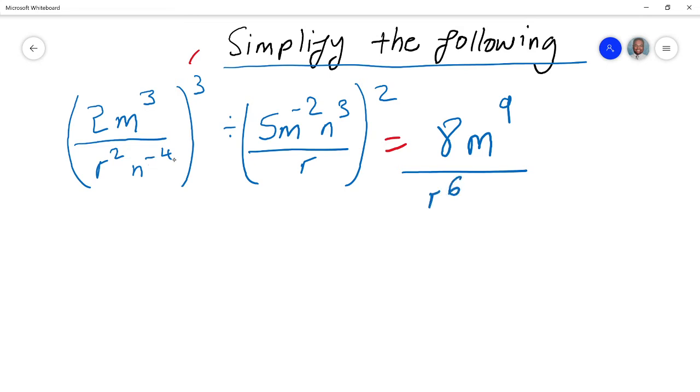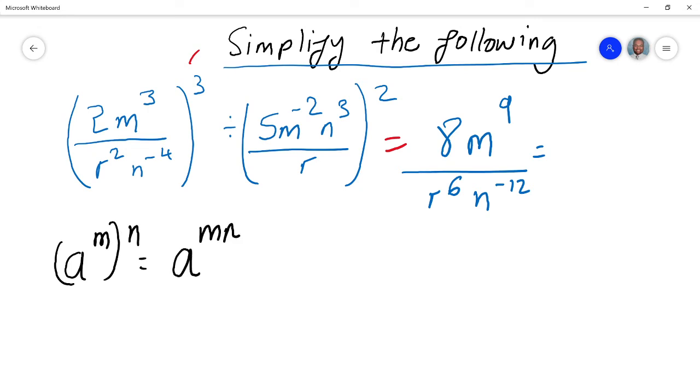And n to the power negative 4 to the power 3 is n to the power negative 12. If you were to ask me what rule we are applying, it's the same rule that I wrote down before: a to the power m, the whole thing to the power n, is the same as a to the power m times n, which is mn. And that's exactly what we're doing in this question here.